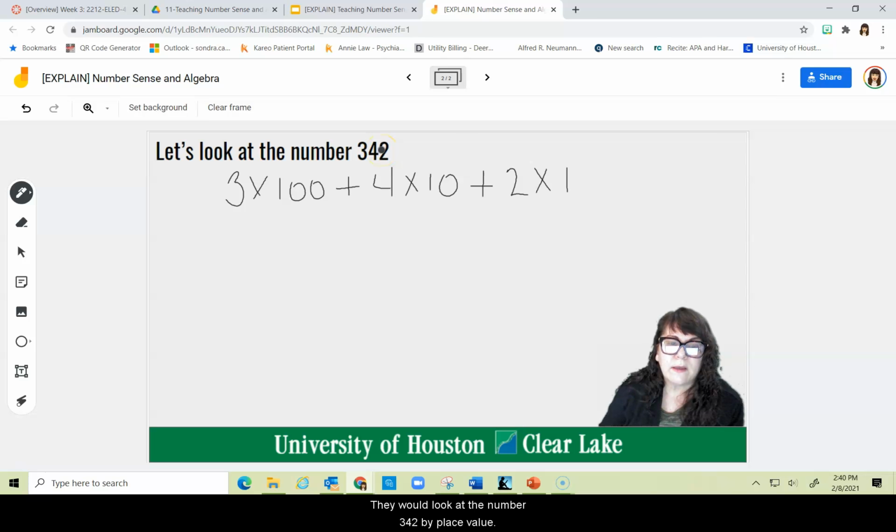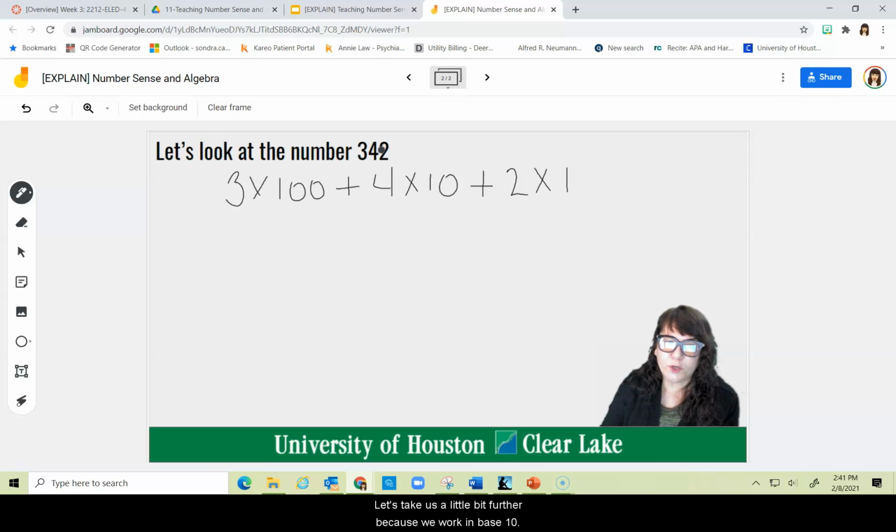They would look at the number 342 by place value. I have 3 100s, 4 10s, and 2 1s, and when I add it together, I get the number 342.